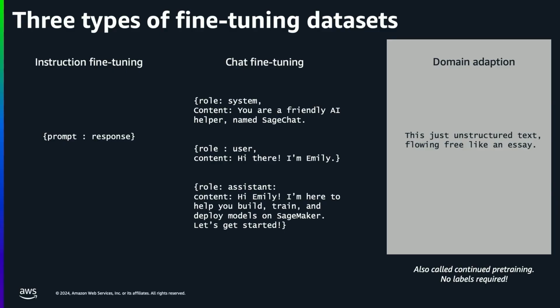The second type of fine tuning you see here in the middle is called chat fine tuning. Chat fine tuning really is essentially a type of instruction fine tuning, but it's slightly different because what you want to do is give your model the ability to have a conversation, which isn't quite the same as just instruction fine tuning.